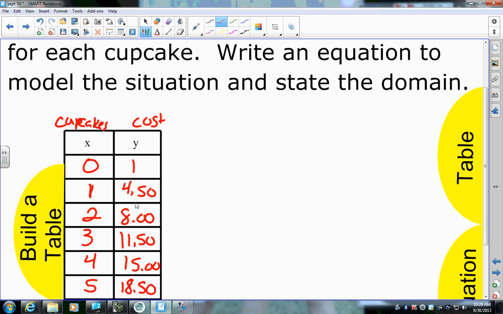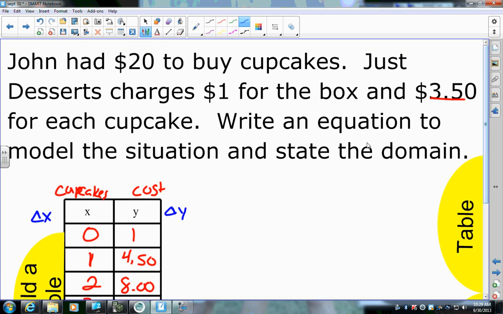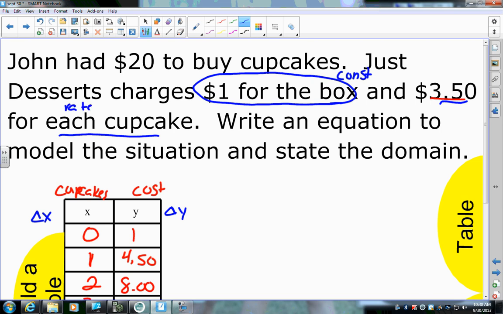Now that should help us be able to write our equation. You can build a table now with this information, and you can do the change in y over the change in x with your table to find your equation. Or you can go through and see this. I know that I am paying one time the $1 for the box. This is a one-time charge, so this is my constant. $3.50 for each cupcake, that is my rate of change.